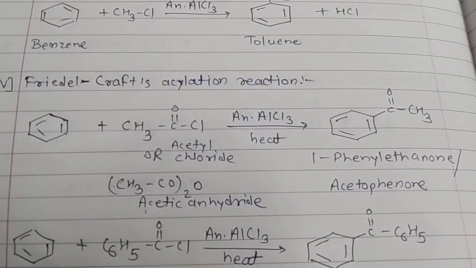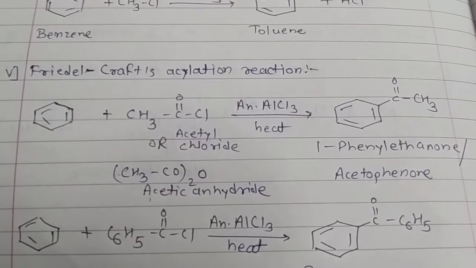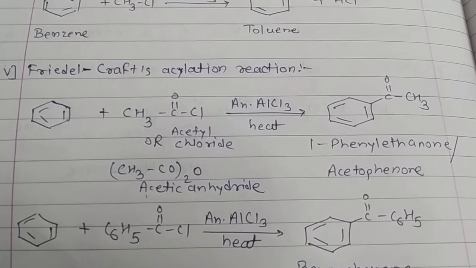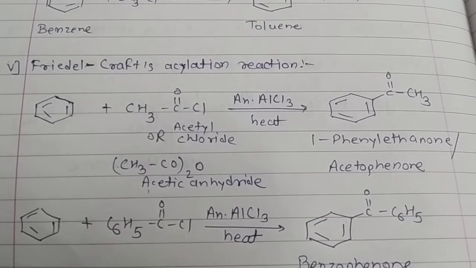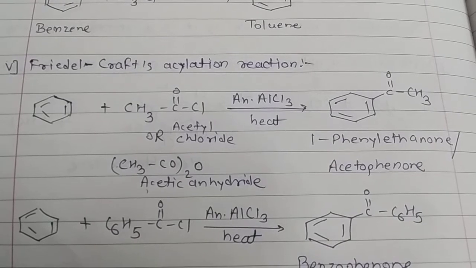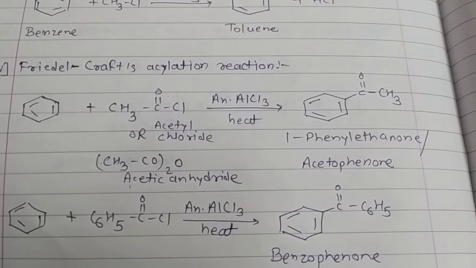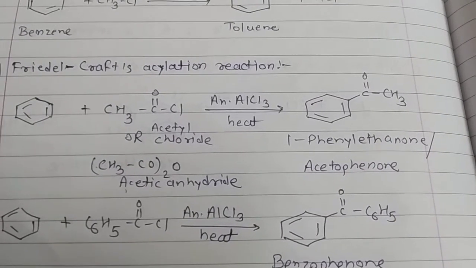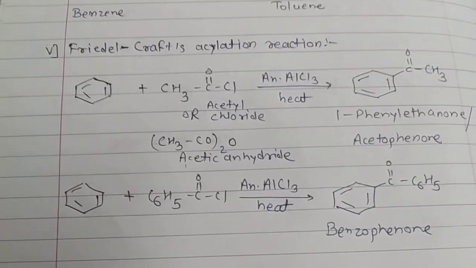Similar to this reaction is Friedel-Crafts acylation, where an acyl group is substituted. The acyl group can be brought from a reactant like acetyl chloride, or it can be from the reactant acetic anhydride. Out of these two, we can use any one for acetylation. For acylation, the catalyst is the same, that is anhydrous AlCl3, and here we'll get COCH3 substituted.